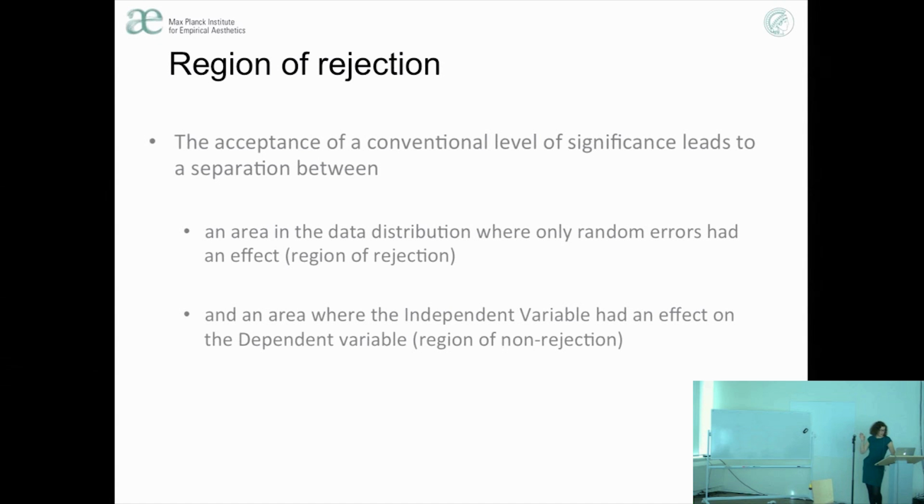One area in the data distribution is the area where only random errors had an effect. That area is called the region of rejection. And then there's an area where the independent variable had an effect on the dependent variable, which would be the region of non-rejection. The region of rejection is based on the significance level that you choose.